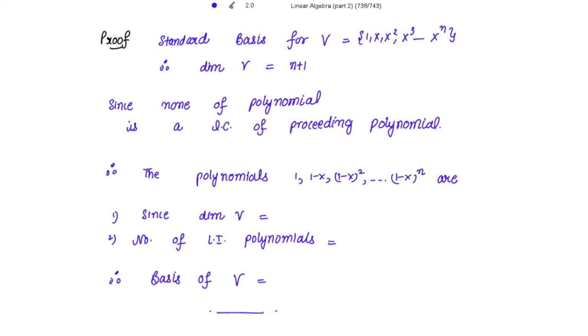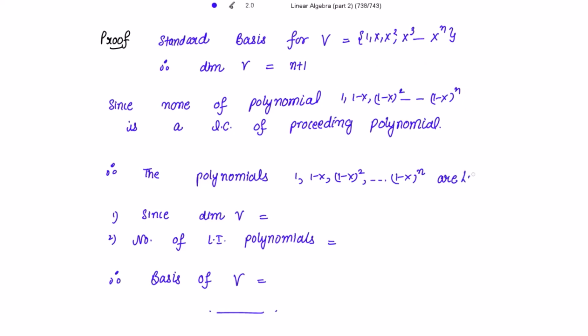Now none of the given polynomials which we have to prove as a basis, 1 minus x, (1 minus x) whole square, and so on, (1 minus x) to the power n, is a linear combination of the preceding polynomials, right?